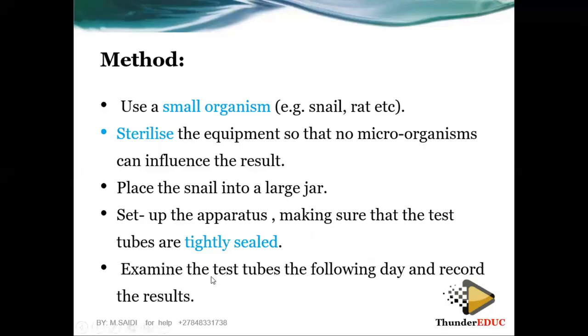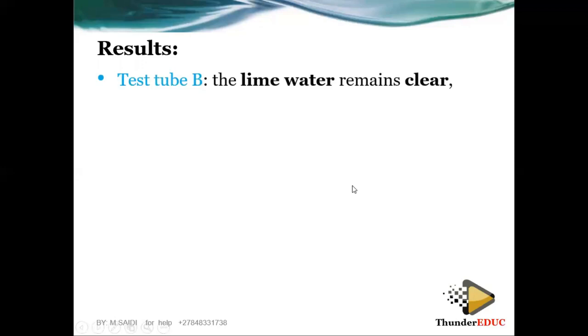Then examine the test tubes the following day and record the results. In test tube B, the lime water remains clear. Why? Because remember we said that test tube A will absorb the carbon dioxide which is there.